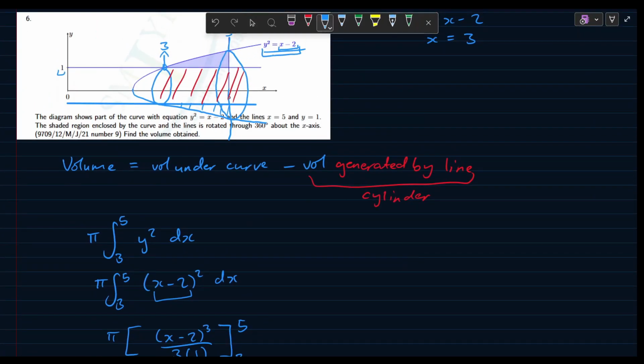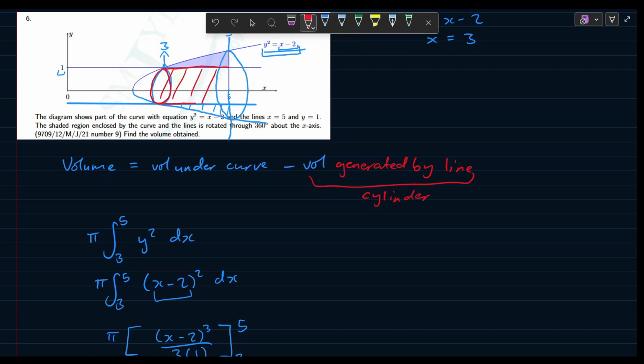But we have to also consider the volume generated by the cylinder. Just so I can clearly show the cylinder, let me get rid of these red lines. Our cylinder would look like this. It is from this circle that we have at the back, and then it goes up to this point.